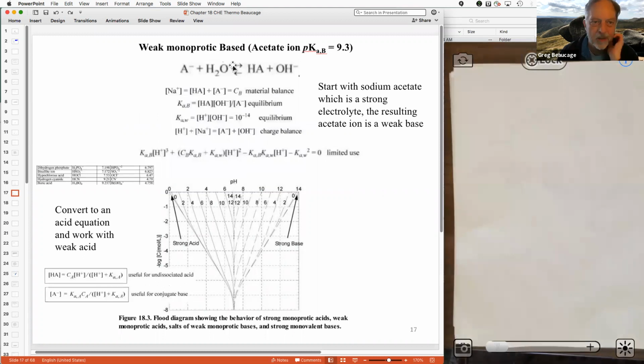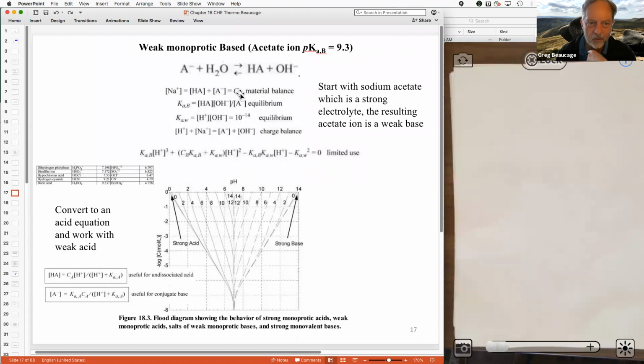So for the bases, again, you write the thing as if it was an acid, right? And then to get the acid Ka, you take the water constant and divide by the base constant. So it'll be like 9.3 and 14 gives you whatever the acid Ka is for a base.